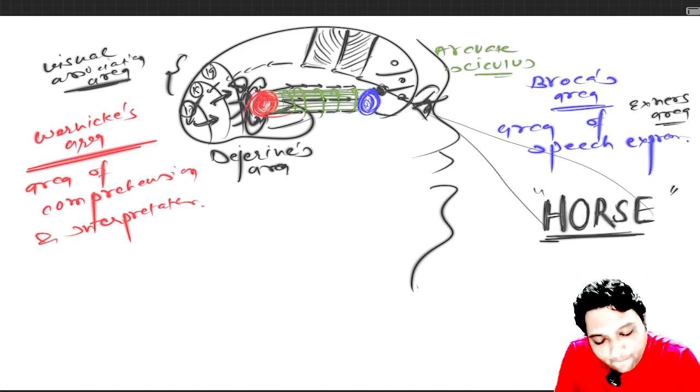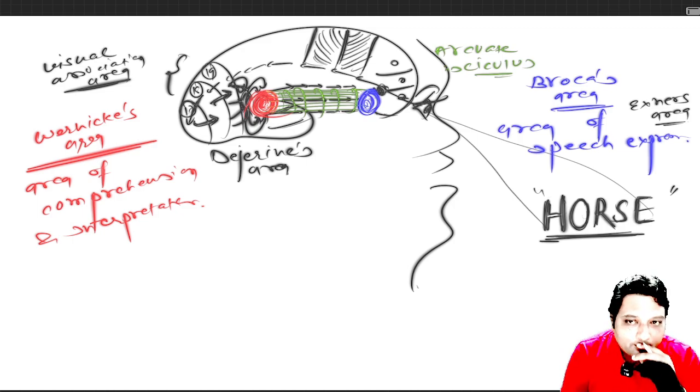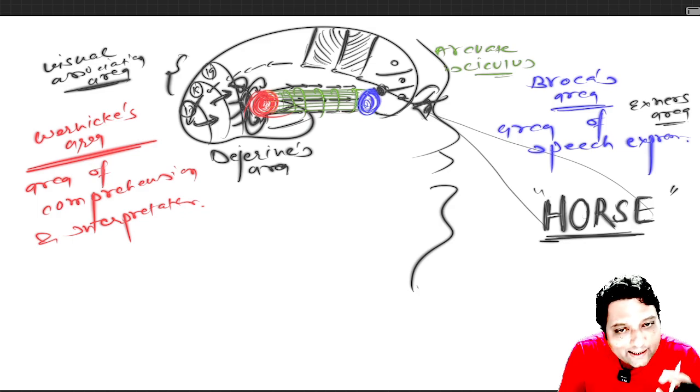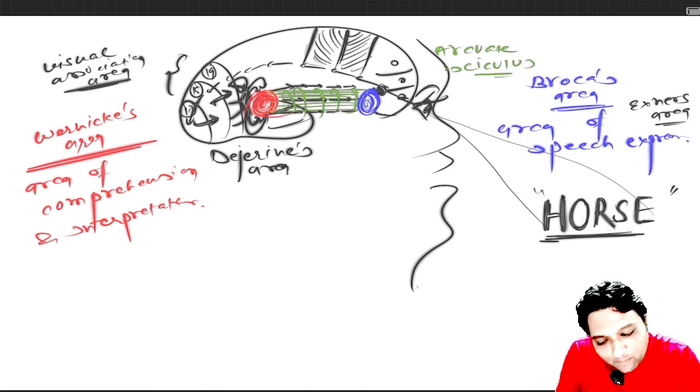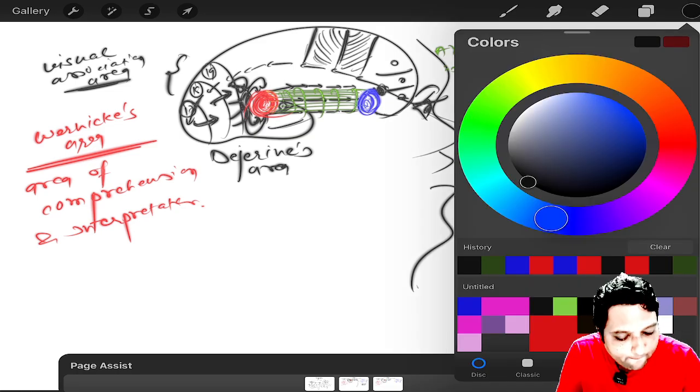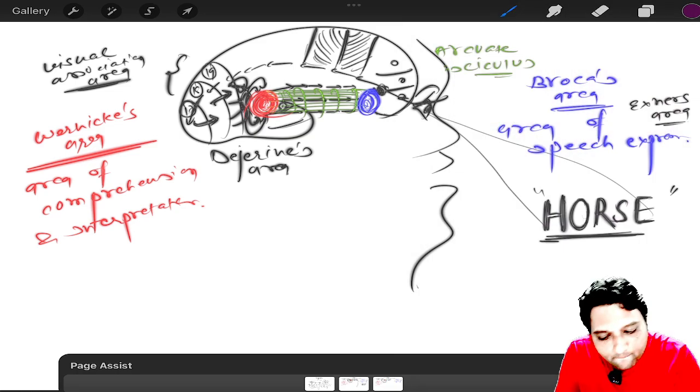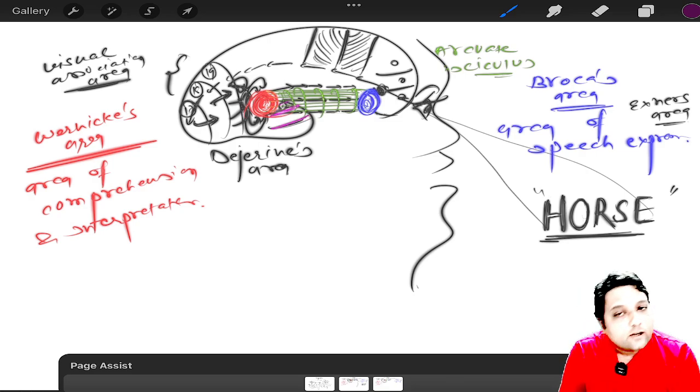Okay. Now, in the same way, if I say rose, let's say suppose I say rose, these words will be received in primary auditory cortex. Here is your primary auditory cortex, secondary auditory cortex, and tertiary auditory cortex.